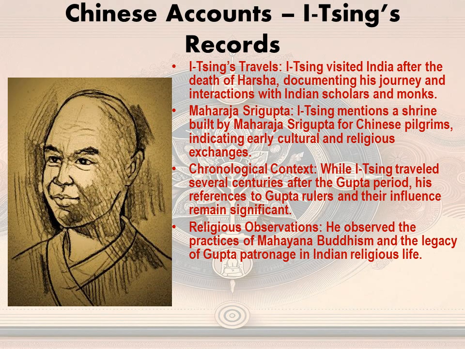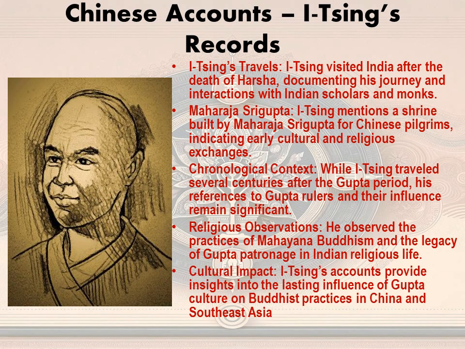He observed the practices of Mahayana Buddhism and the legacy of Gupta patronage in Indian religious life. So even though the Guptas were not powerful by the time of I-Tsing, still the legacy of Gupta patronage had its influence in Indian religious life. I-Tsing's accounts provide insights into the lasting influence of Gupta culture on Buddhist practices in China and Southeast Asia.